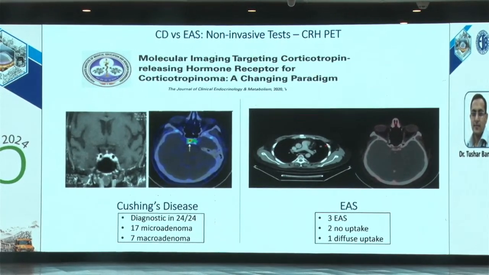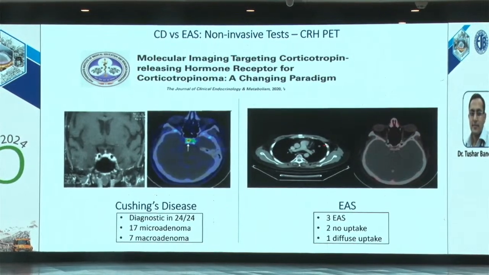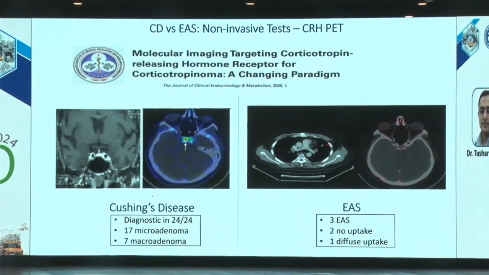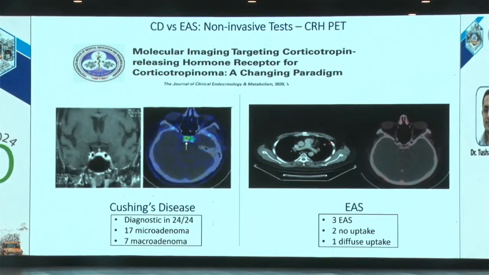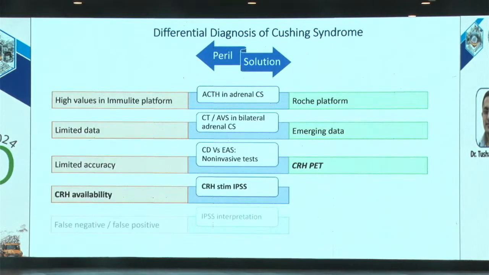Even with that, the sensitivity of this scan was good, suggesting that this is here to stay. We need more and more centers to come up with this test. I think Desmo-PET is also going to come, and the data is yet to come on that. So gallium CRH PET CT is turning out to be quite promising for diagnosis of Cushing's disease.